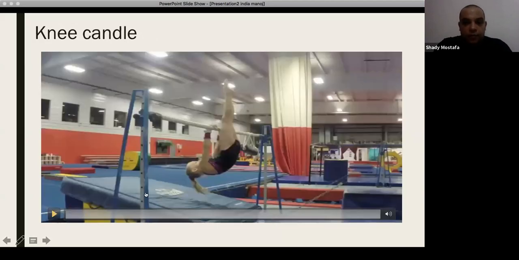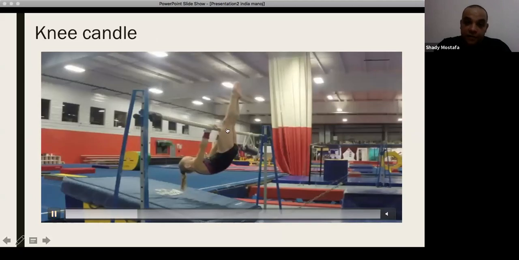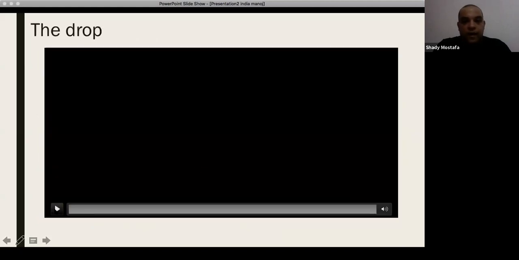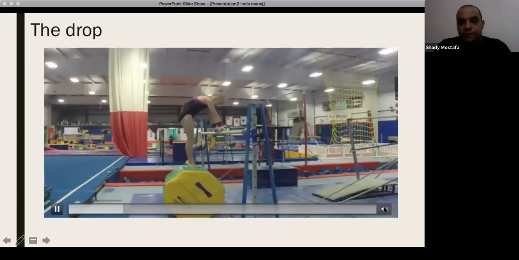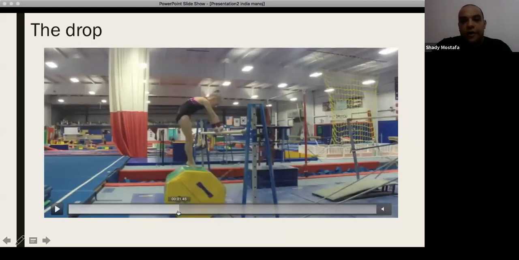You put mats down, and you can hold the position if you're strong enough. And you can see here also the shape, hollow. Now we start the drop. We all have the bar and a barrel.